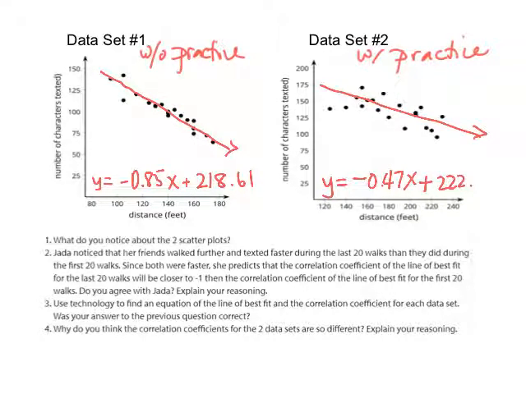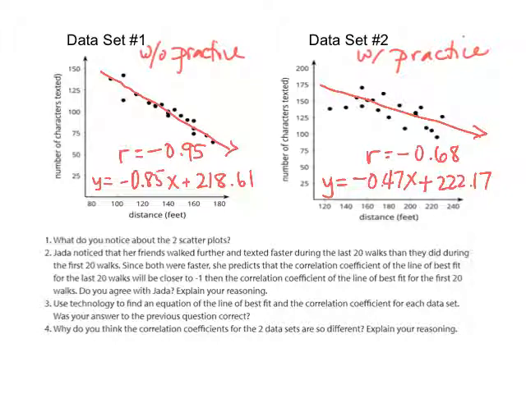So the y-intercepts are very close. The first model's R value is negative, because it matches the slope, negative 0.95. And the second R value is negative as well, but it's not quite as good of a linear fit. It's negative 0.68, so not as close to negative 1 as the first data set.